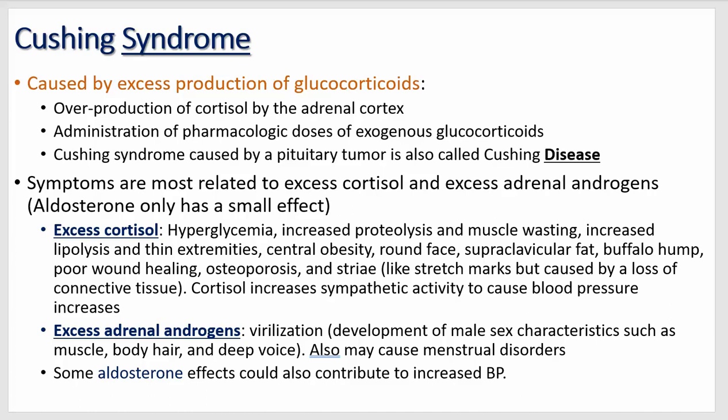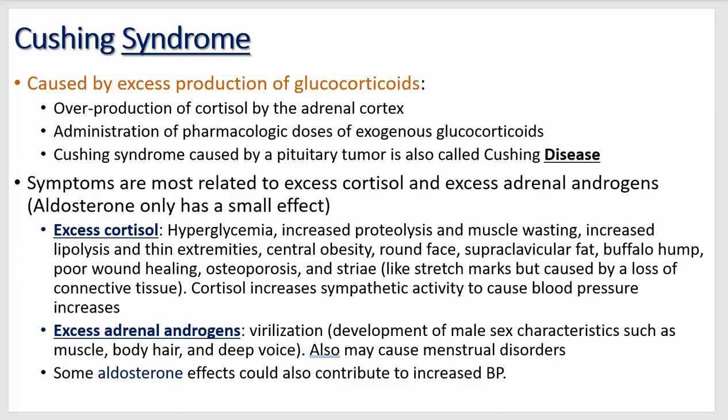If you are giving a patient bucket loads of exogenous glucocorticoids, a lot of steroids, corticosteroids, that's going to cause Cushing syndrome, with the same symptoms. If it's a pituitary tumor, it's going to cause Cushing syndrome. If it's from a pituitary tumor, we actually give that the name of Cushing disease. But Cushing syndrome is a set of these symptoms.